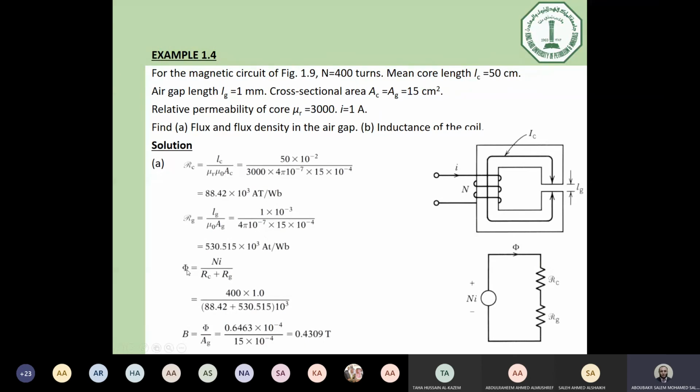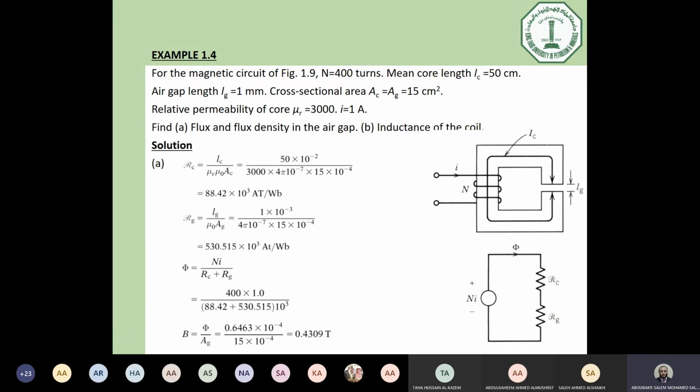We need to calculate the flux, so simply we can say Ni divided by the summation of reluctances. N is given as 400, the current is 1 amp, and the reluctances are calculated, so we can calculate the flux. Similarly, we can get the flux density by dividing phi by A. So this is the same as previous examples.